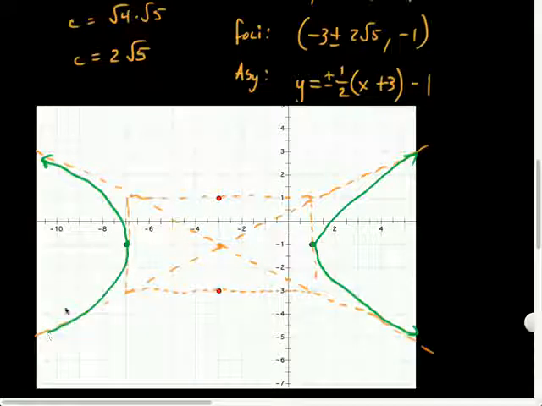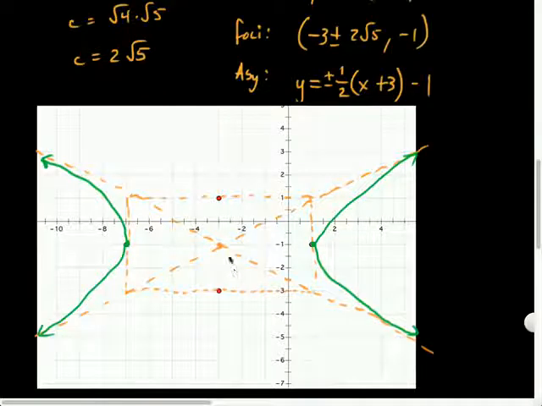How come I thought that to get the vertices you had to take the square root of c? No, I don't. For yesterday, I'm almost positive that it says vertices is the square root. No, I don't think so. Why did I think that? Let's see. The foci are 2 square roots of 5, which is the square root of 20.